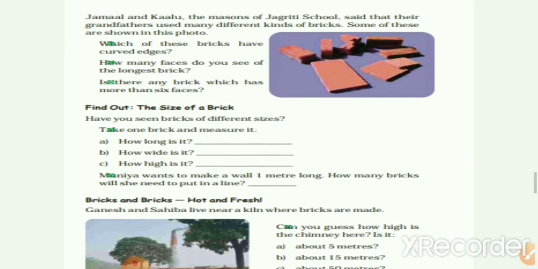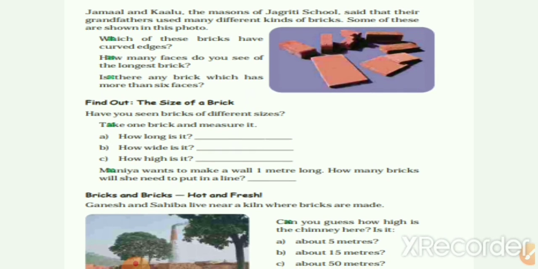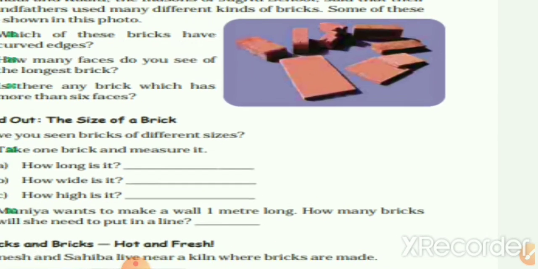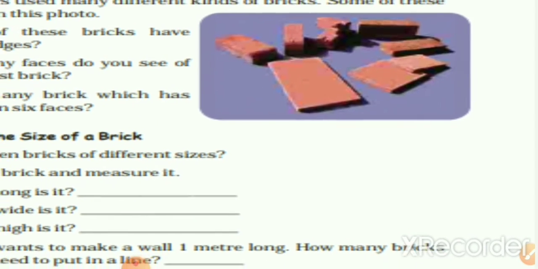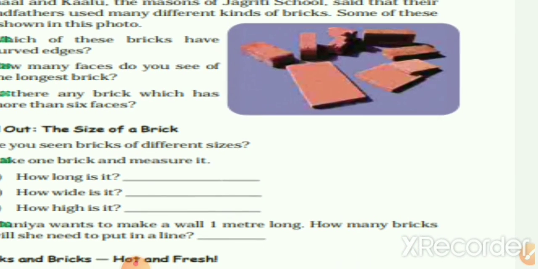Jamal and Kalu, the masons of Jagriti school, said that the grandfather used many different kinds of bricks. Some of these are shown in this photo. Which of these bricks have curved edges? See the picture. Is any brick with curved edges?